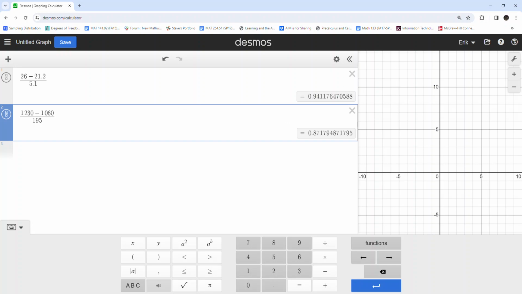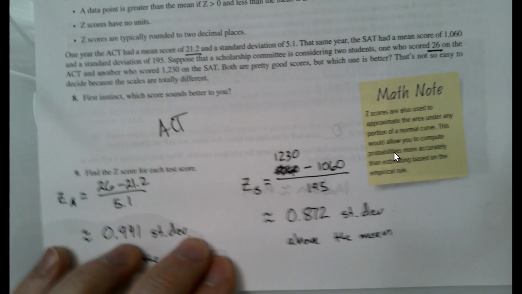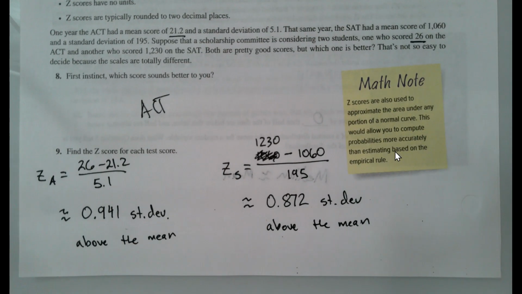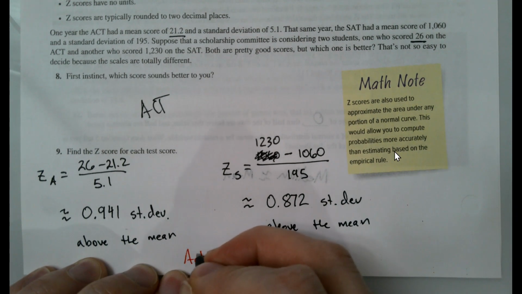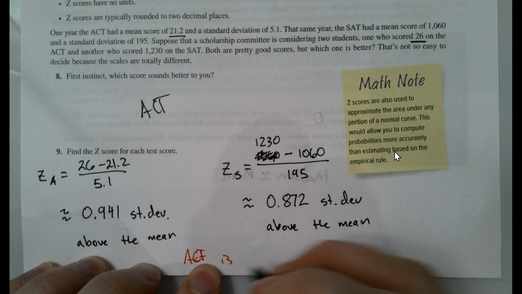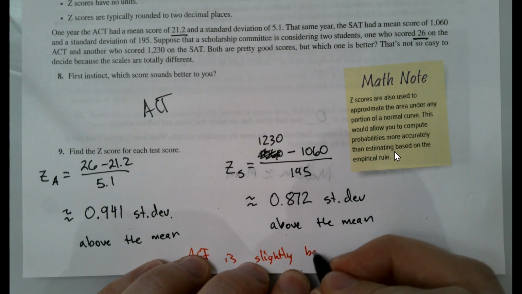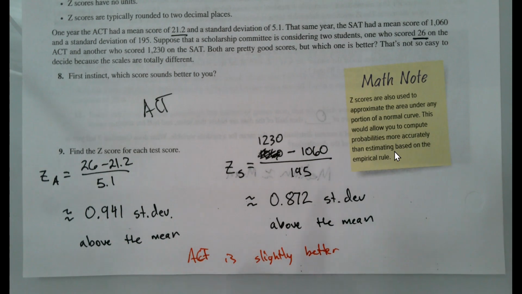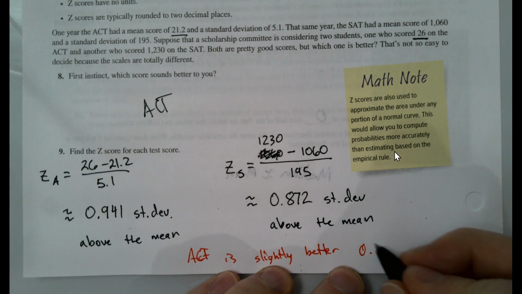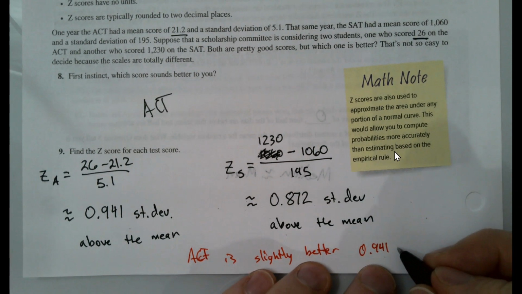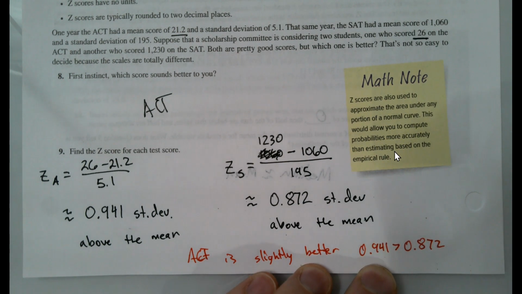Let me show you what I wrote. So if we're comparing these two students, it turns out that the ACT score is slightly better because it's a little bit higher than the mean. In other words, 0.941 is a few more standard deviations above the mean than 0.872. Not a whole lot, right?